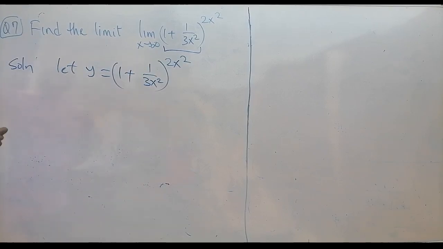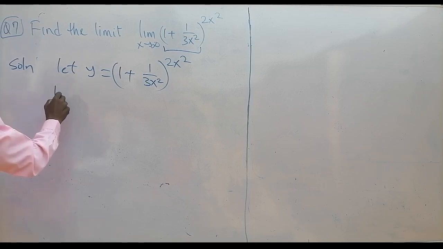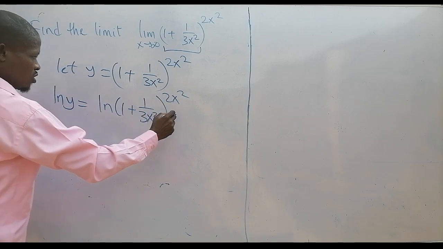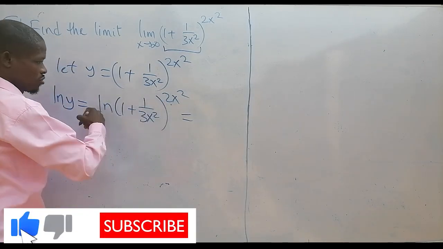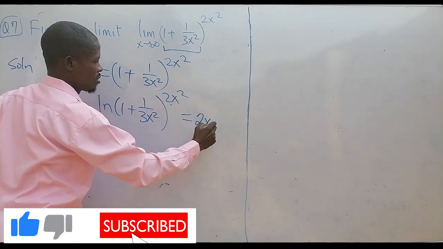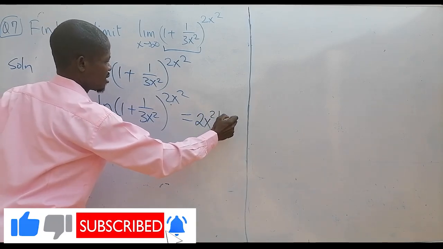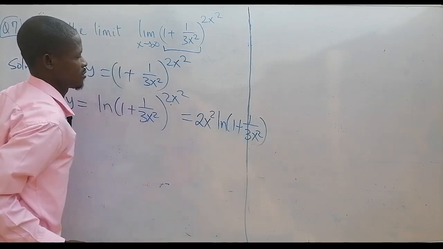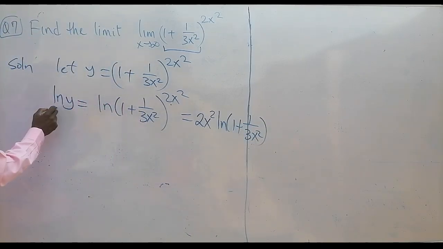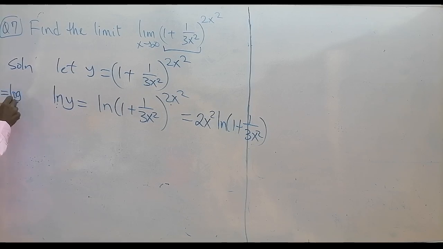That's step 1. Then the next step is to take the ln of both sides. If you apply the logarithm rule, this power will go to the front. So we have ln y = 2x squared ln(1 + 1 over 3x squared). Don't forget that ln is logarithm to base e.